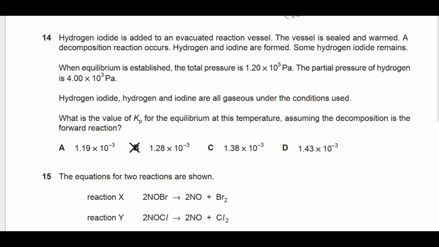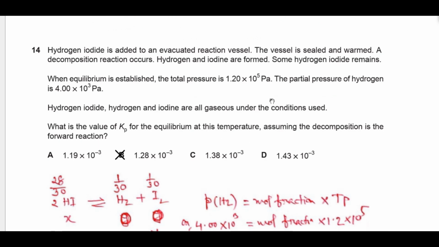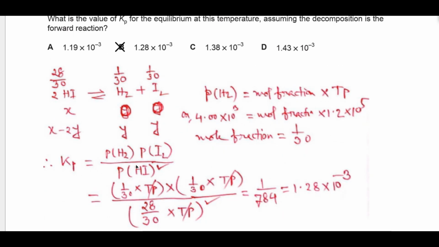So you see how you will get your answer. This equation is given: 2 mole hydrogen iodide produces hydrogen and iodine. You know the partial pressure of hydrogen is mole fraction times Tp, meaning total pressure.